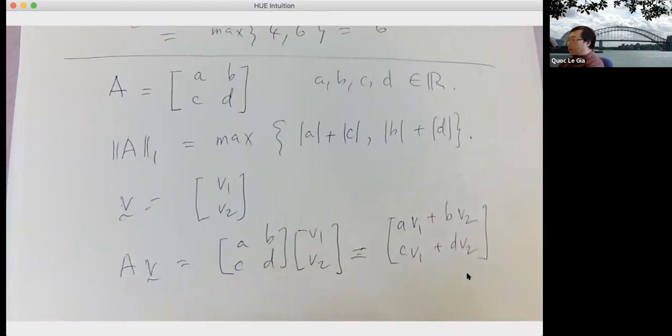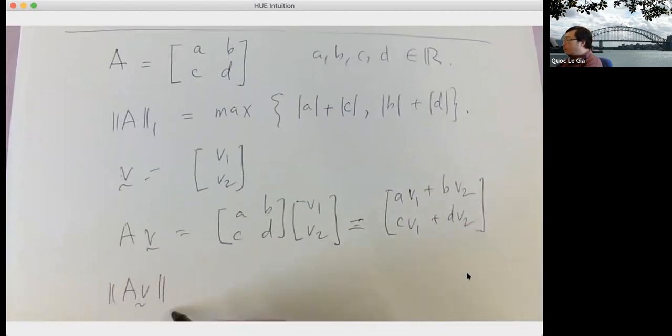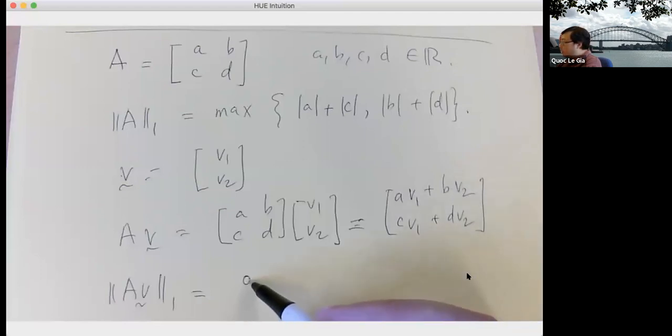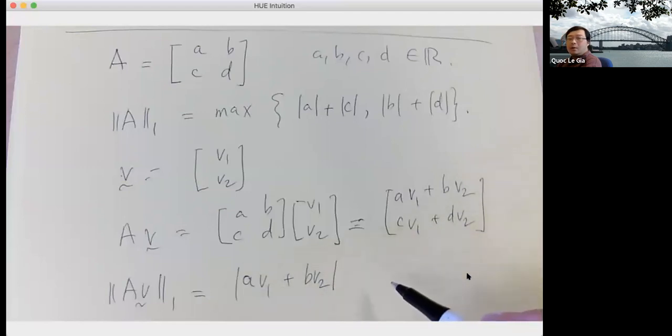And now I take the one norm of Av. If you remember the one norm, you just take the entries of the vector in absolute value and sum them up. So it will be equal to |AV1 plus BV2| plus |CV1 plus DV2|.